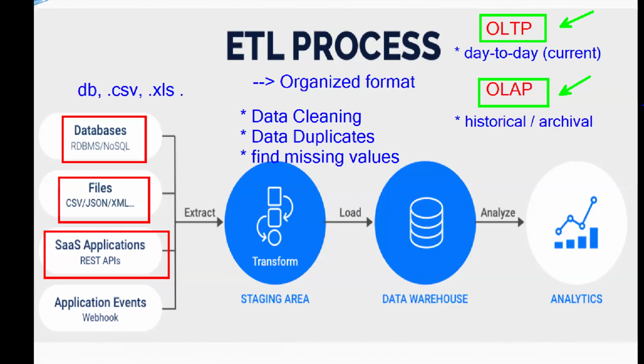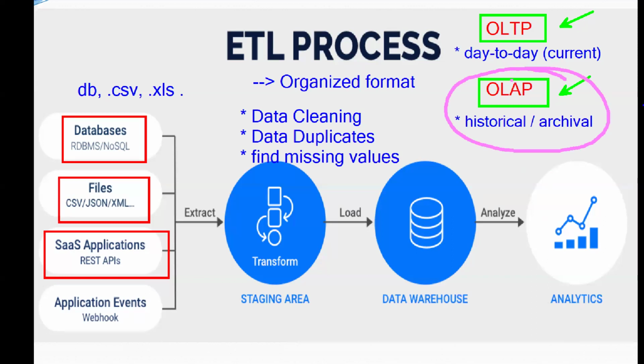Okay, so we have a question here. Why do we need to divide this data into two different databases, OLTP and OLAP? What is OLTP first? Online transaction processing, whereas OLAP is analytical processing.